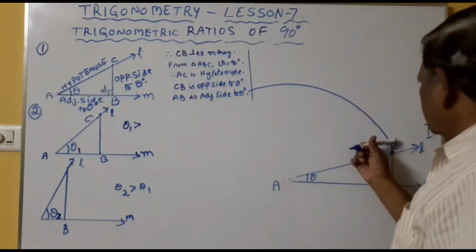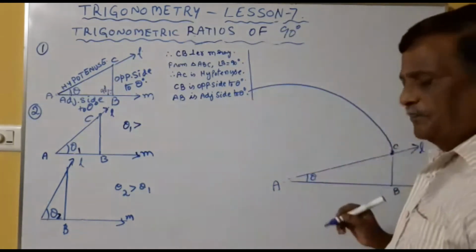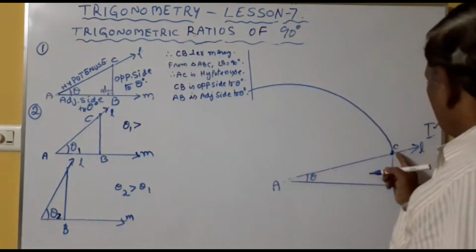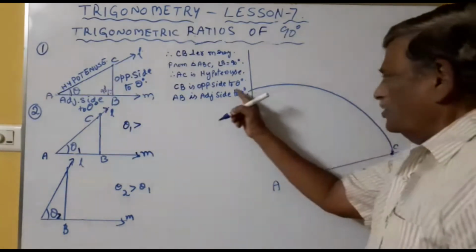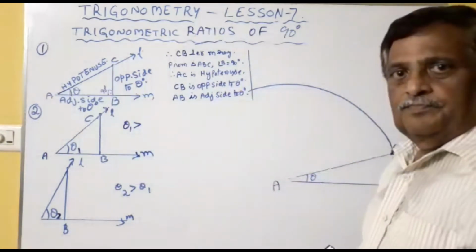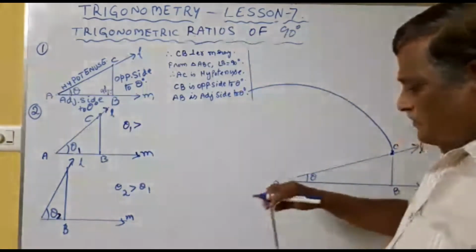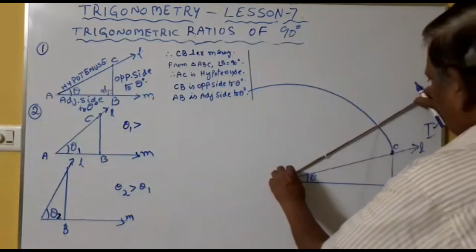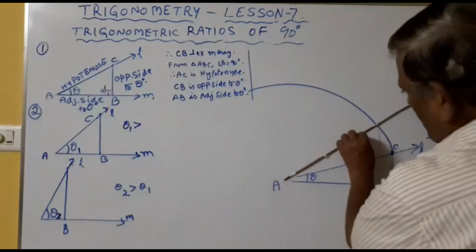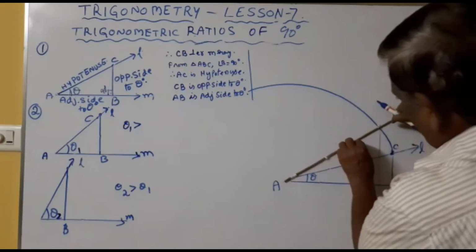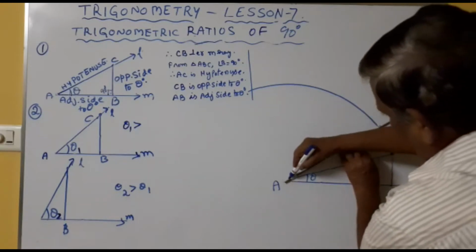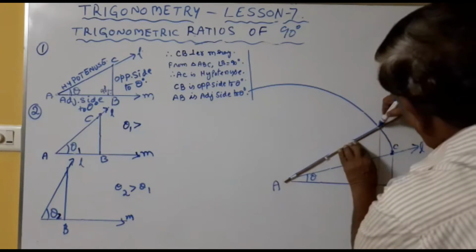When the ray rotates in anti-clockwise direction, the point C undergoes a circular motion. That means wherever the position of L ray may be, consider the second position of L ray here.